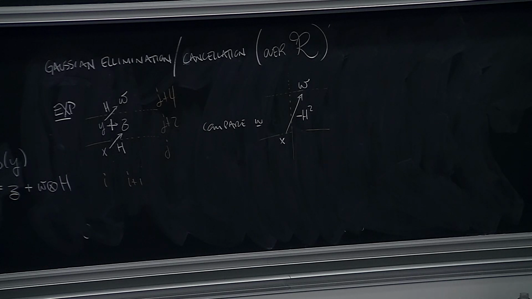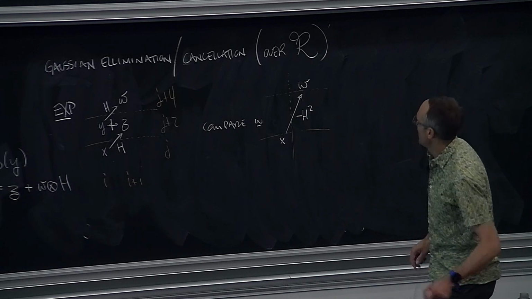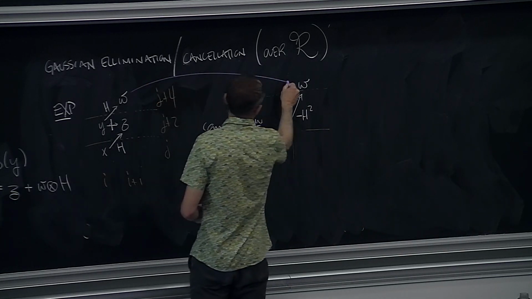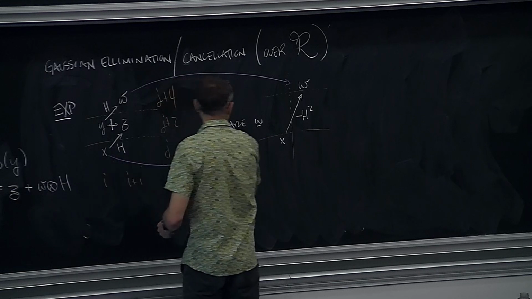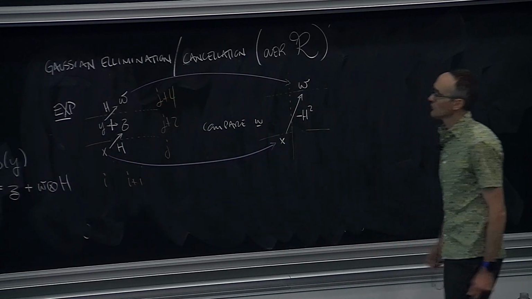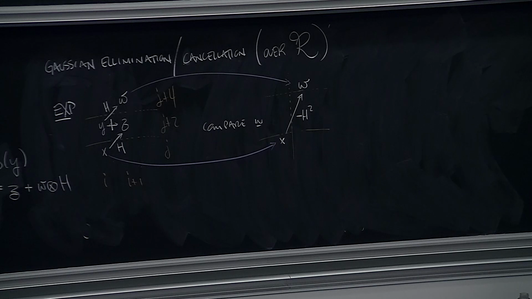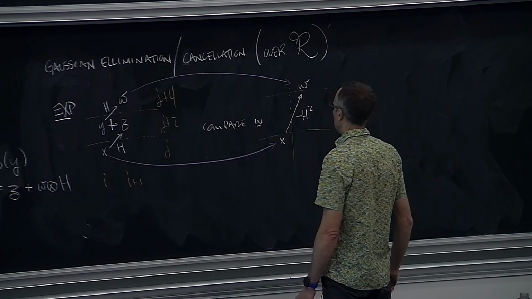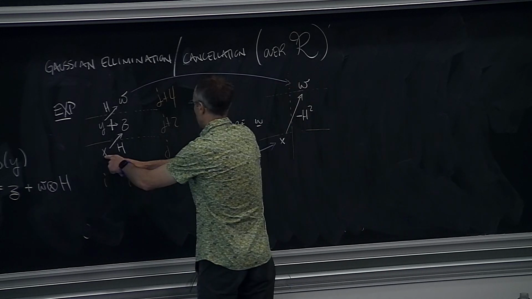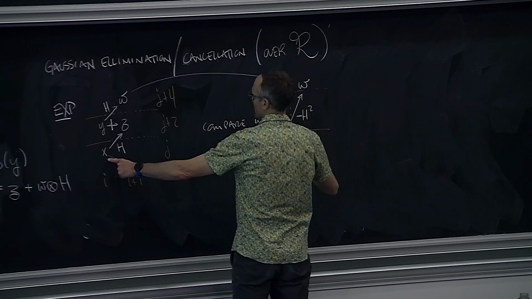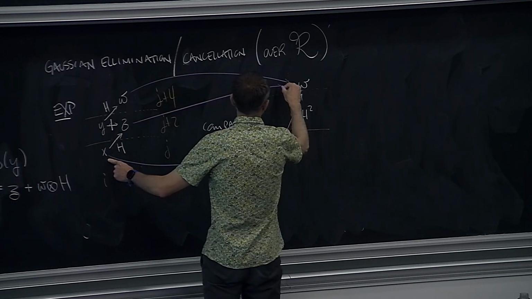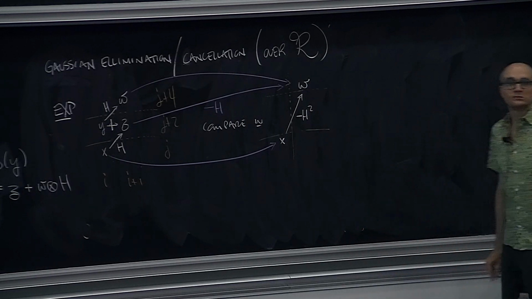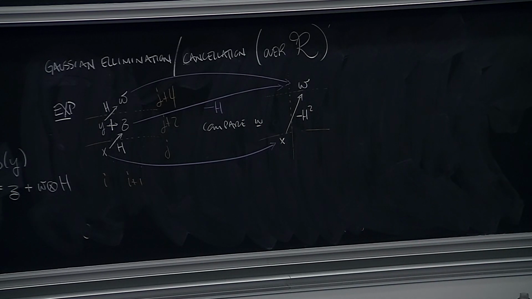So how might you do this? Well, you could run in here by an identity. But if I do that, I think there's a problem. I get this minus h squared. So actually, to get a reasonable chain map, I really should put a minus h right there. It's a chain map.